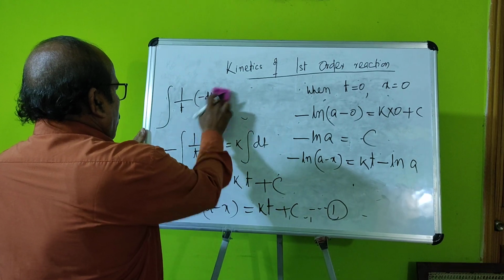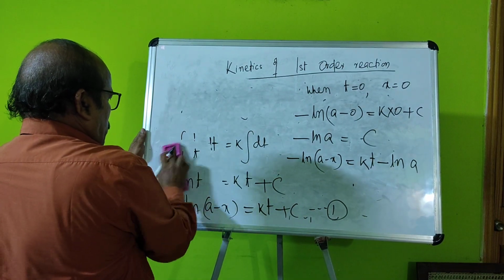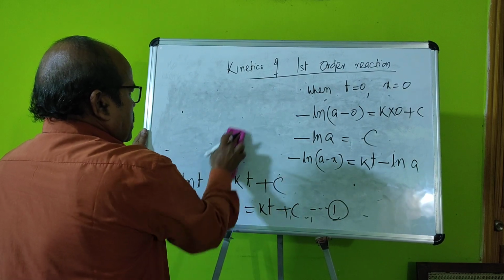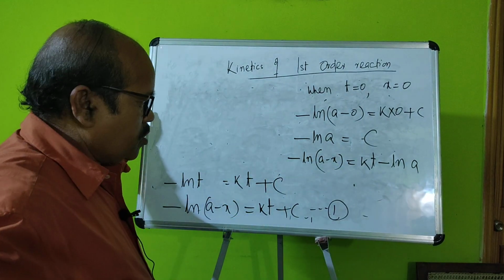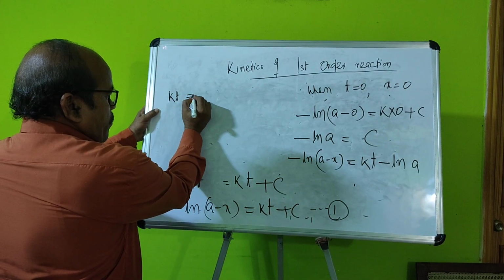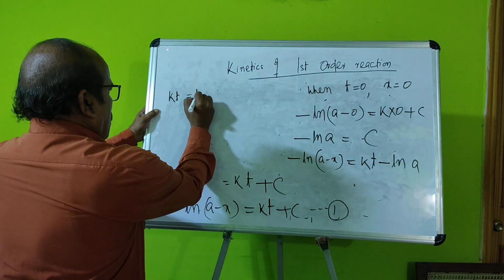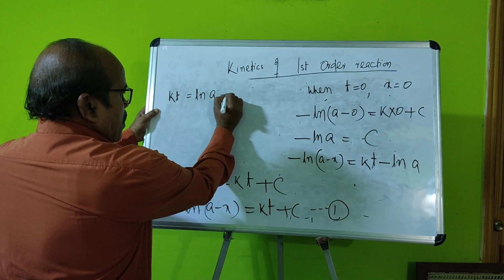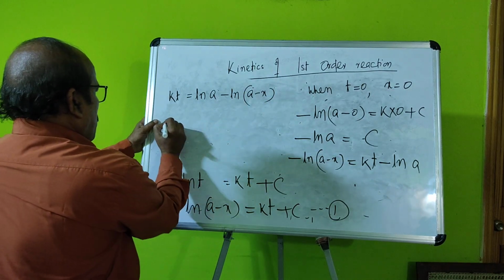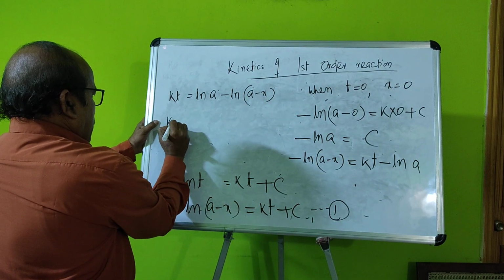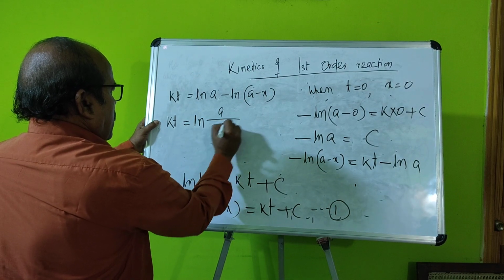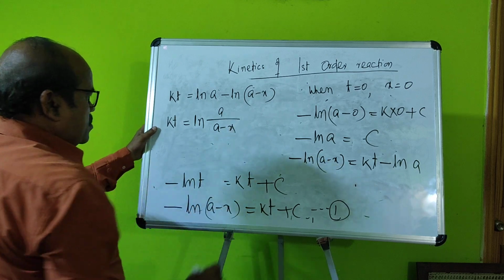So the equation for a derivation of rate constant changes its shape as, taking ln this side, ln a minus ln a minus x, or kt is equal to ln a by a minus x.